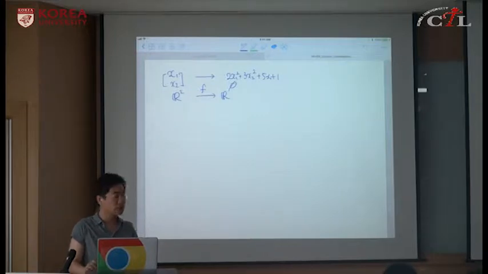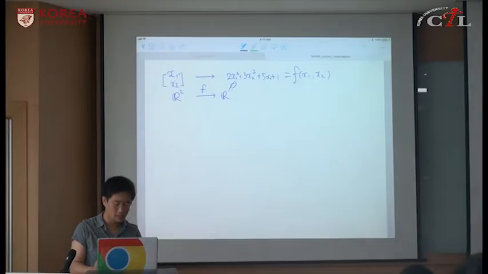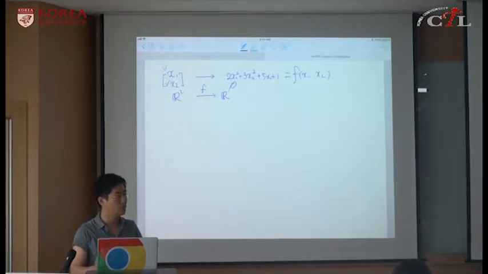Okay, so this is our function, right? In this case, if we have this kind of function f of x1 and x2, how can we compute the differentiation of this function? We have the two variables, x1 and x2, right?